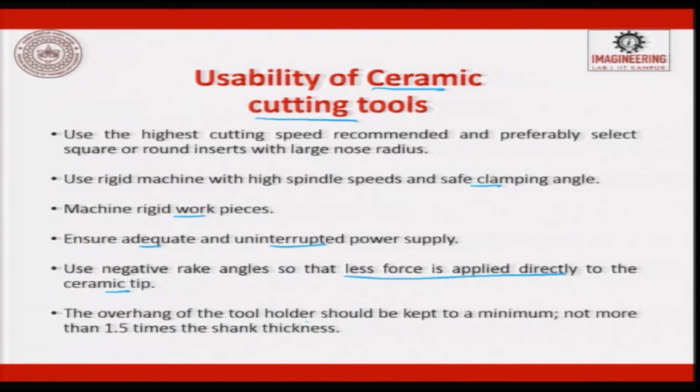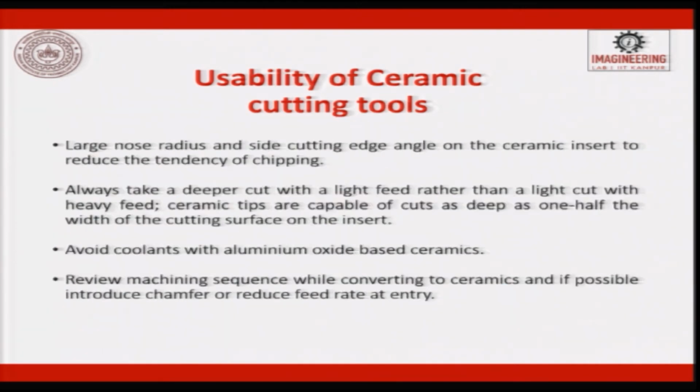The overhang of the tool holder should be kept to a minimum, not more than 1.5 times the shank thickness. So, this will dictate the length of the bore which you can do using these inserts. Large nose radius and side cutting edge angle on a ceramic insert reduce the tendency of chipping.